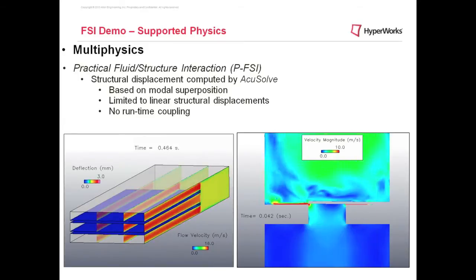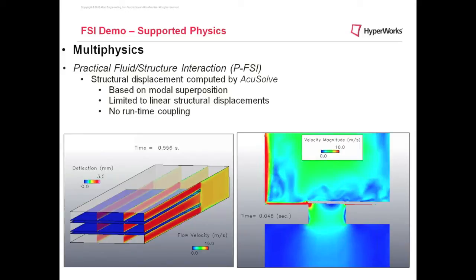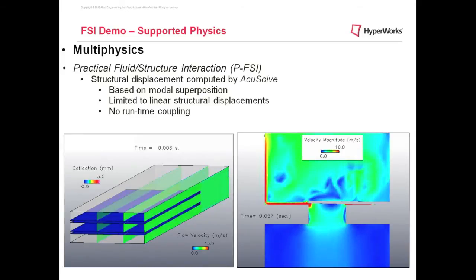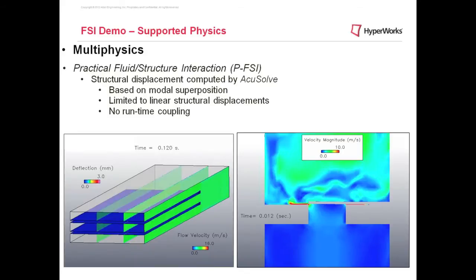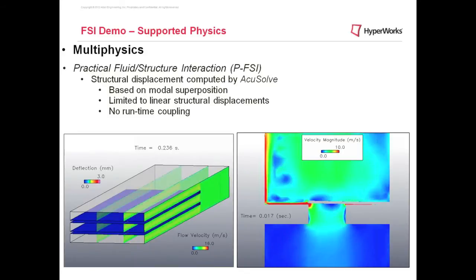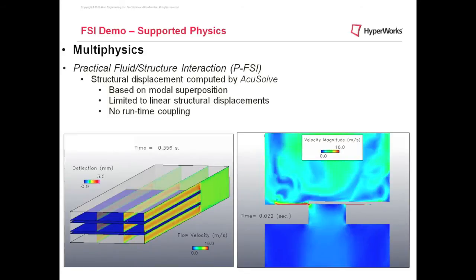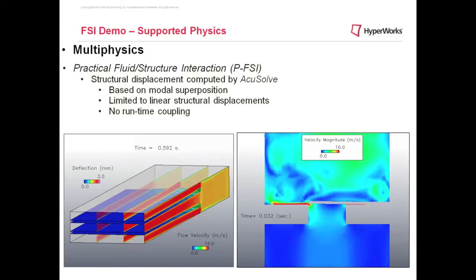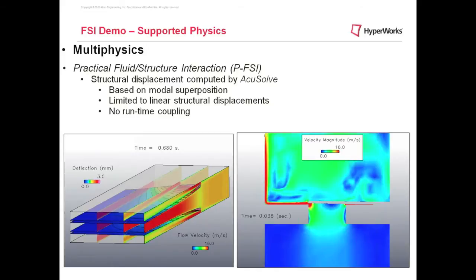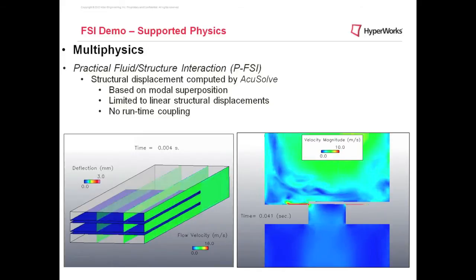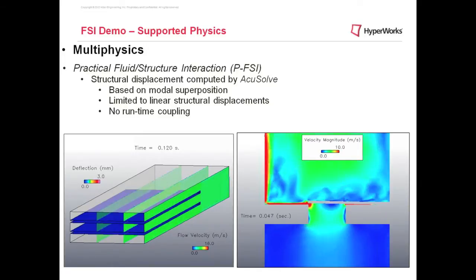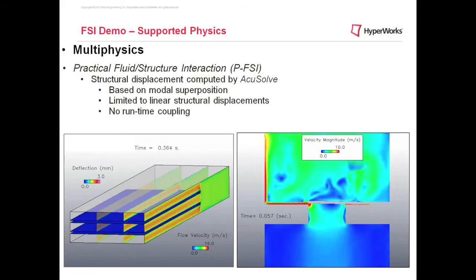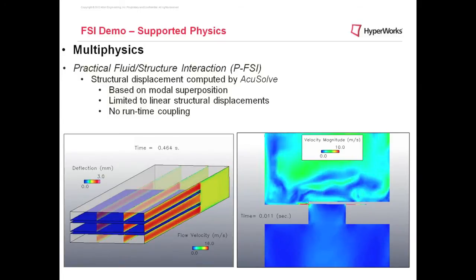Now, the limitations of this technique are that because we're using a modal superposition technique, we're really limited to linear structural displacements. So if there's any type of massive nonlinearity, meaning we have a strongly nonlinear material model, or we have a large amount of contact present, then this technique isn't necessarily going to give us the most accurate result.